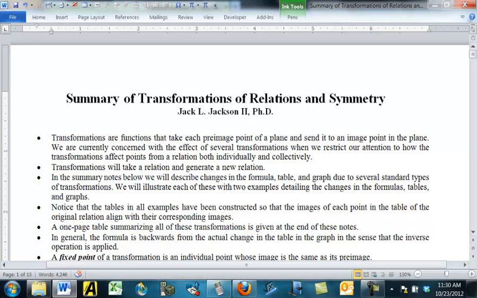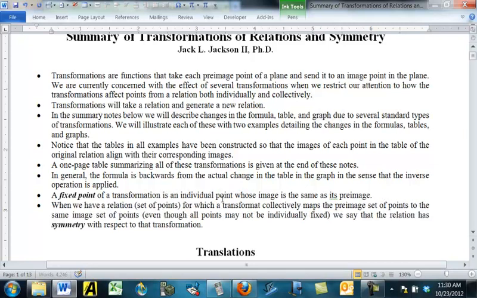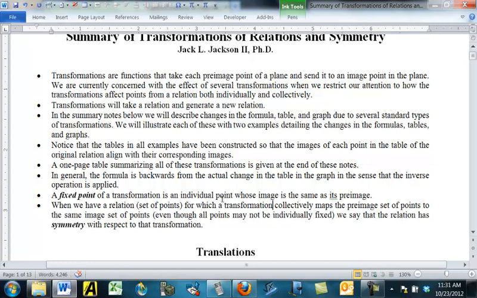A fixed point of a transformation is an individual point whose image is the same as the pre-image, so that transformation doesn't change it. And when we have a relation, or a set of points, for which a transformation collectively maps the pre-image set of points to the same image set of points, even though not all the individual points may be fixed, the points are moved around, the table is moved around, points are moved around the graph.